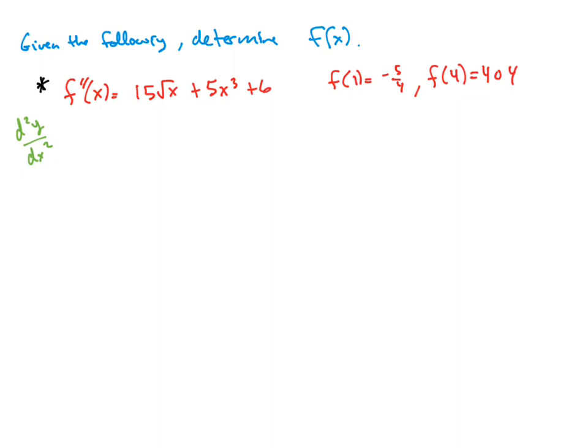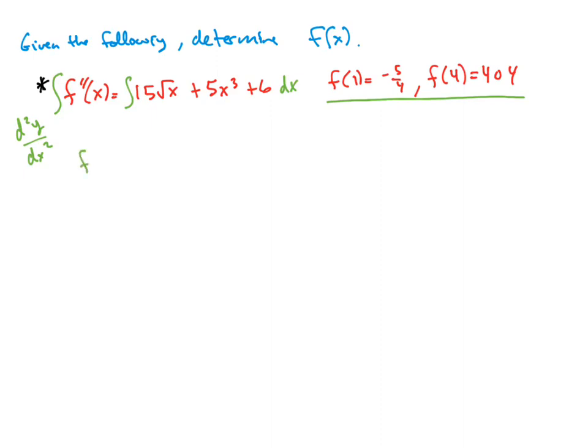This is saying we have the second derivative of f, and then we're given two different conditions over here. So what we want to do is, first let's find f prime of x, and then once we have f prime of x, we can take the integral again to end up with f of x. So let's integrate both sides here.